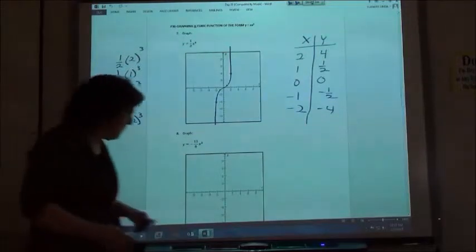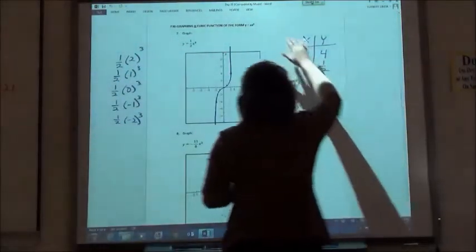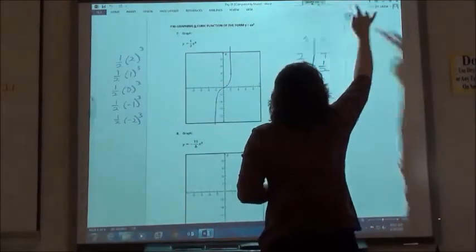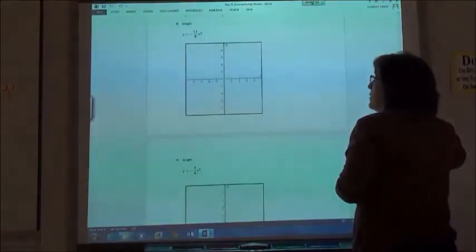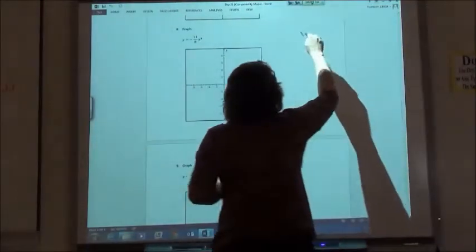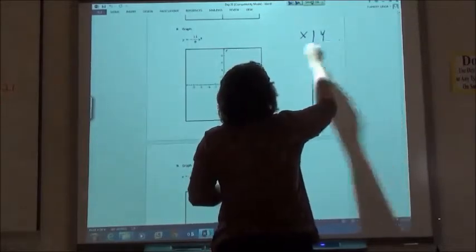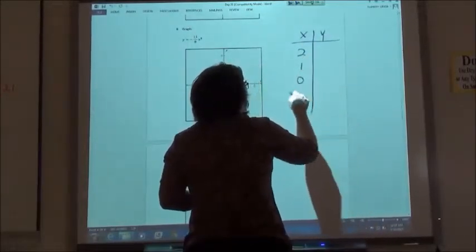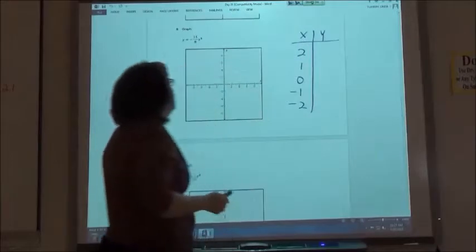All right, so number 8, going to do the same thing. Going to make my table, and I'm going to use 2, 1, 0, -1, and -2.